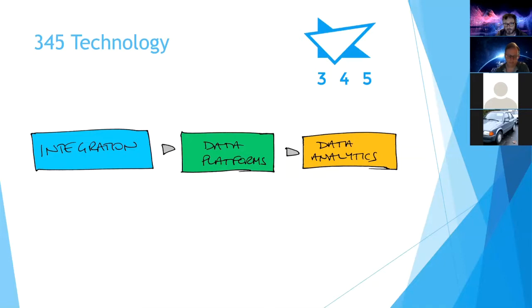The term we use when we put all those three things together is data engineering. What I'm talking about today very much fits in the middle box, the green box of data platforms.